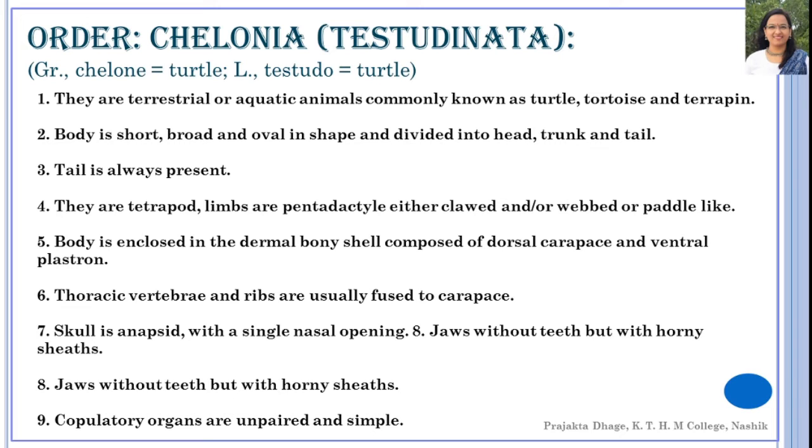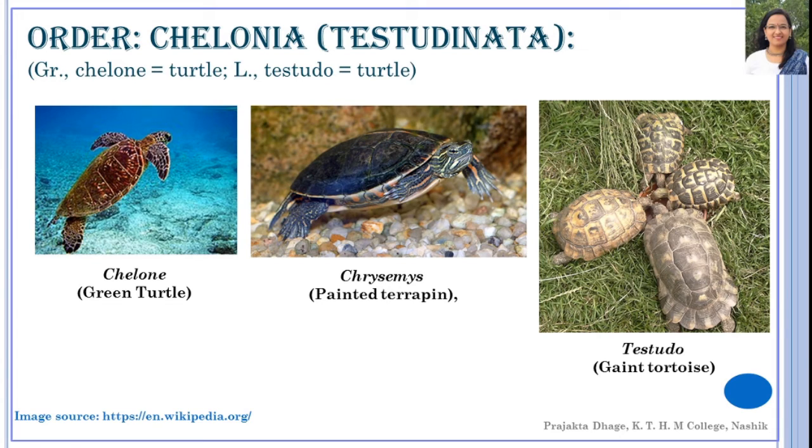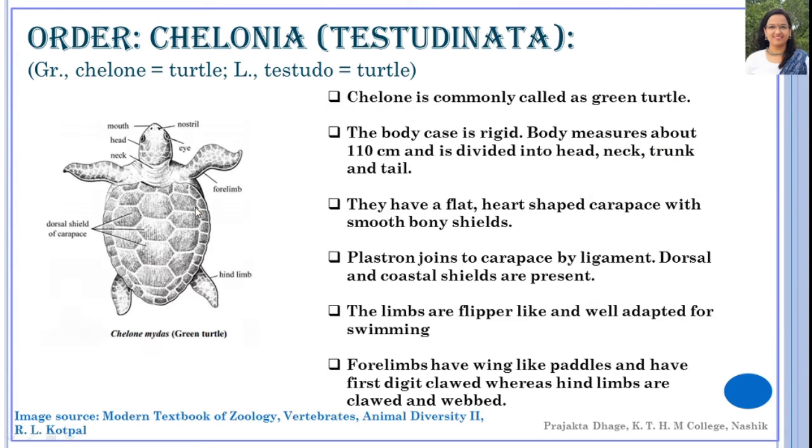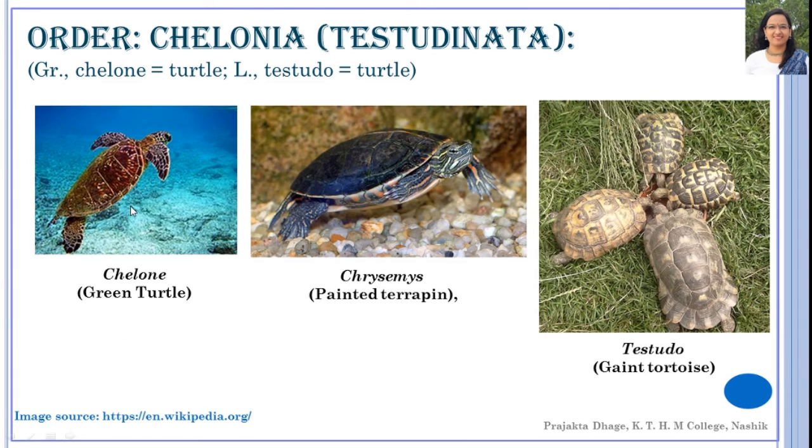Okay, so now when we talk about these organisms, these include all the turtles, tortoise and terrapin in it. Now let's move on to the particular, see here you can see the diagrams. You have a chelone. So basically this is a carapace and what do you have from below of this particular organism?